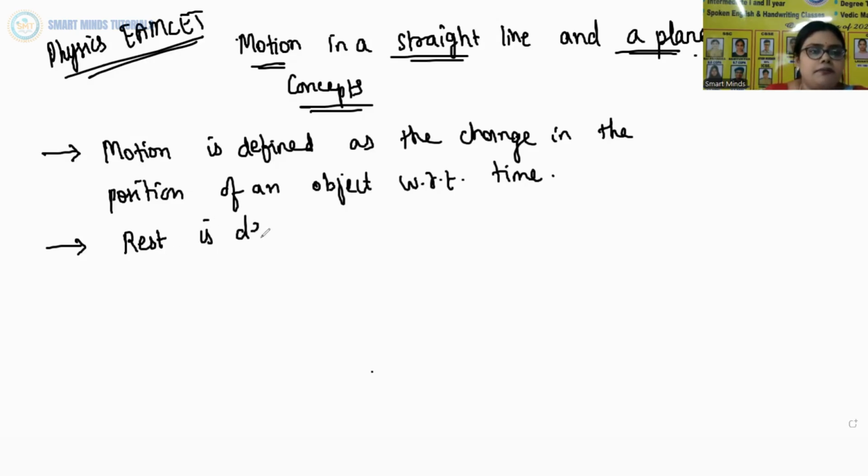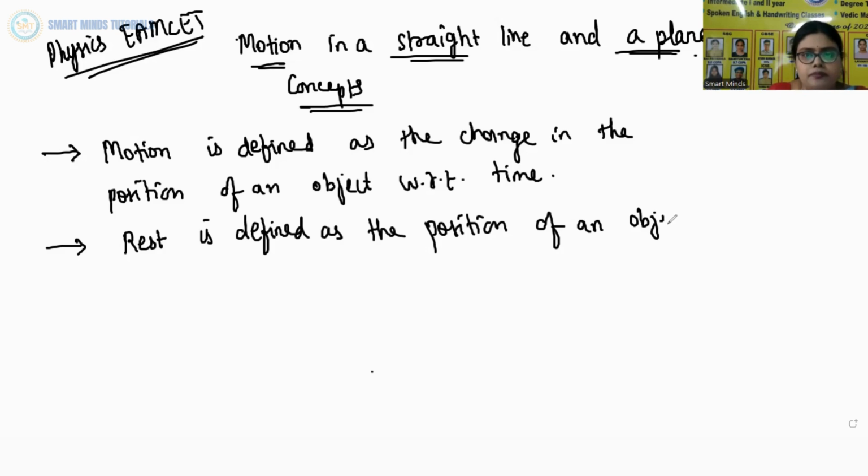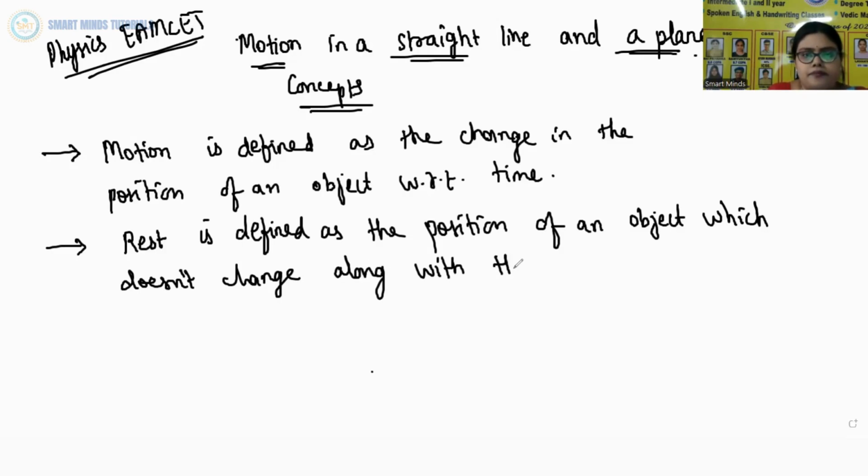Rest is defined as the position of an object which doesn't change along with time. The other word we use for rest is stationary. Whenever we say that an object is stationary, it means it is at rest.